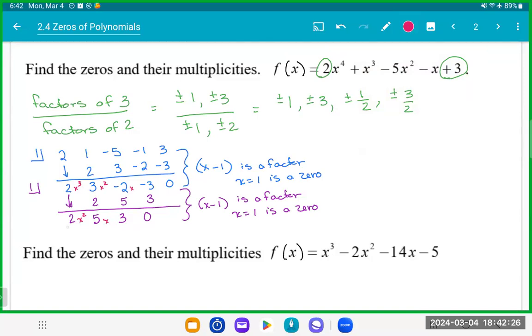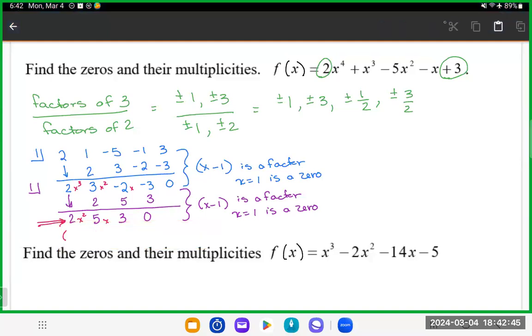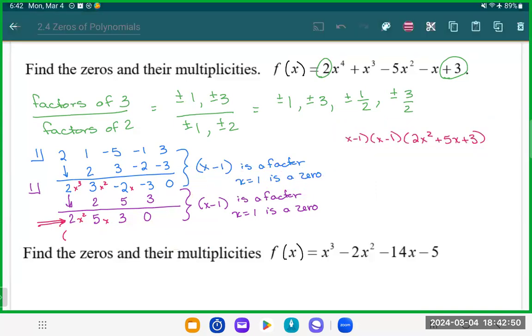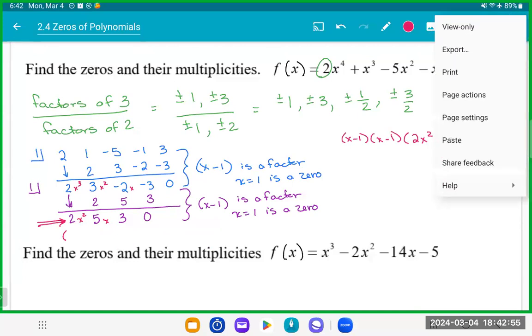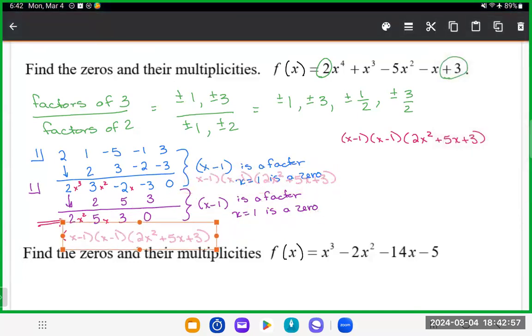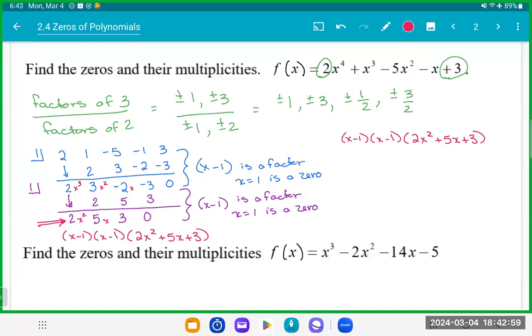And so this gives me a factor of x minus 1, and then what's left is what's on this line here, which is 2x squared plus 5x plus 3. Let's go ahead and just copy this and bring that up over here because we could factor this just a little bit further. I didn't mean to cut it, I meant to copy it.